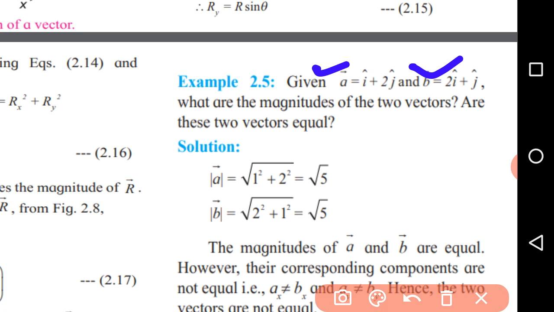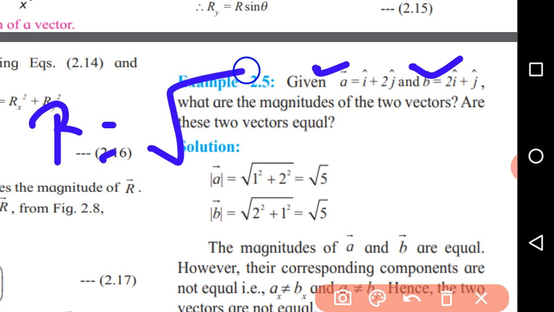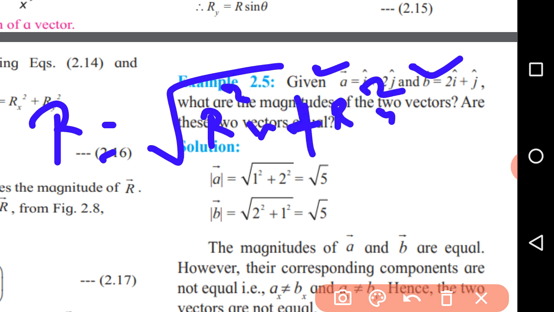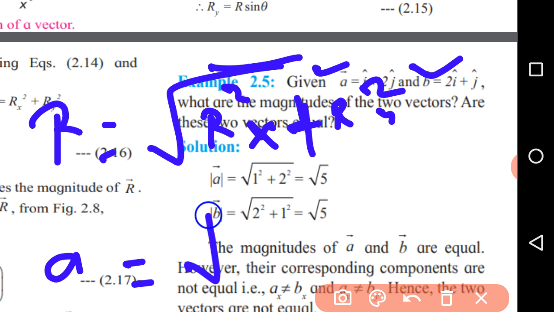The general formula is, vector R is equal to root of Rx square plus Ry square.